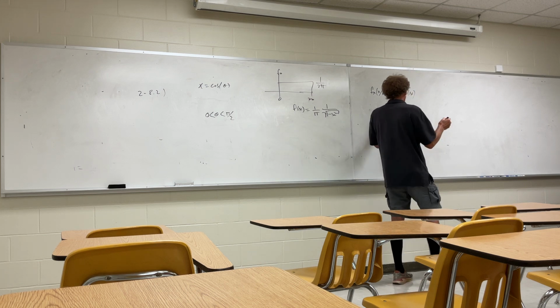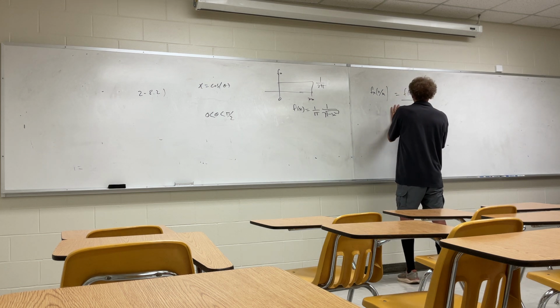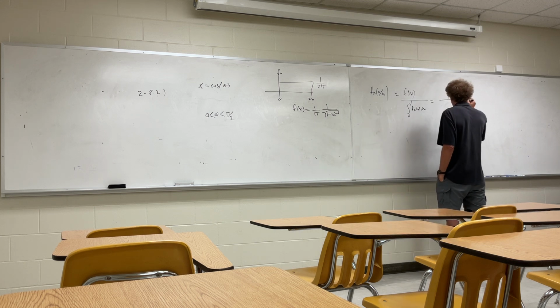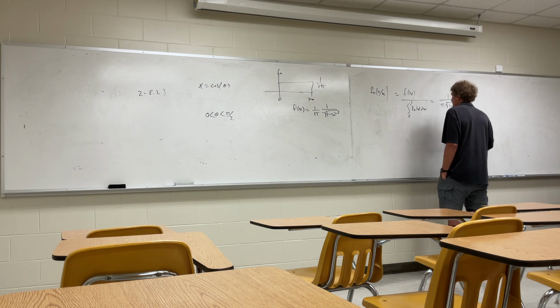So you divide by the area, which is from 0 to 1 of f of x dx. So f of x is 1 over pi square root of 1 minus x squared.